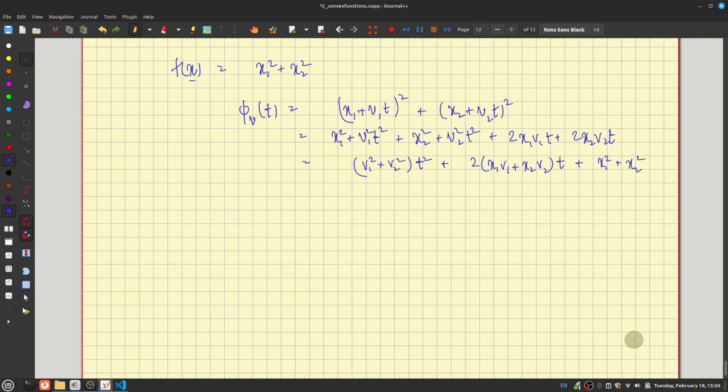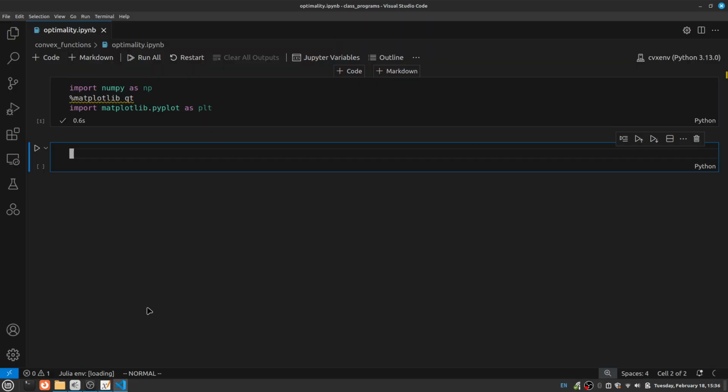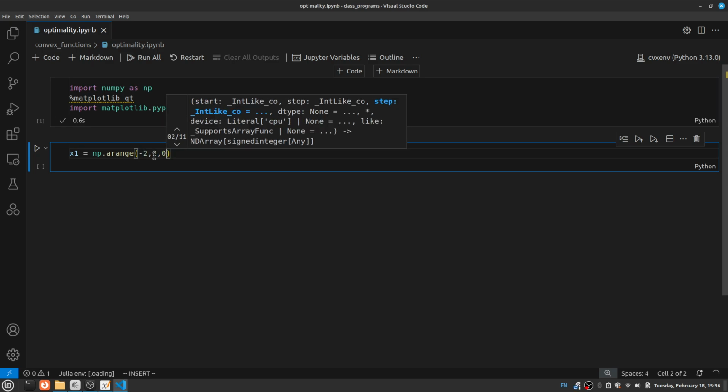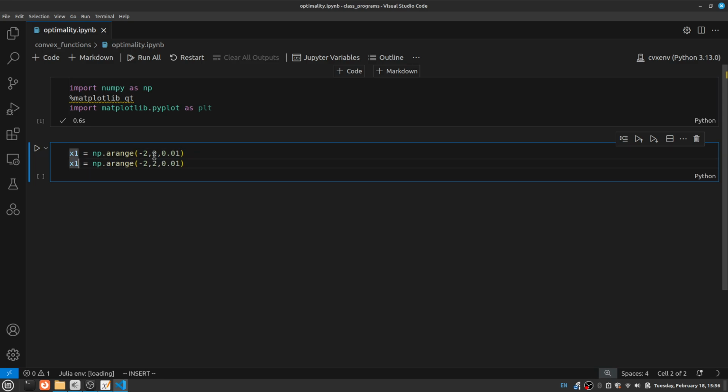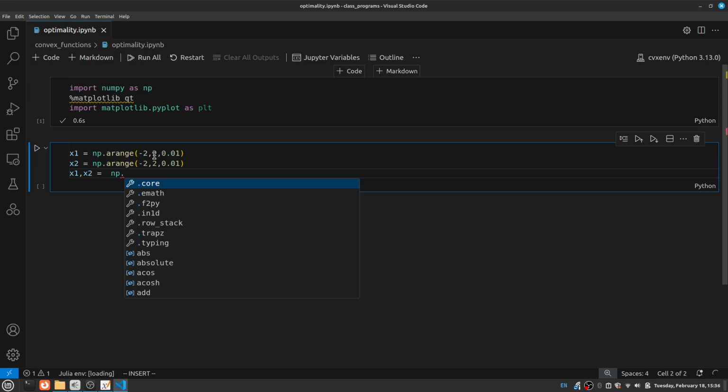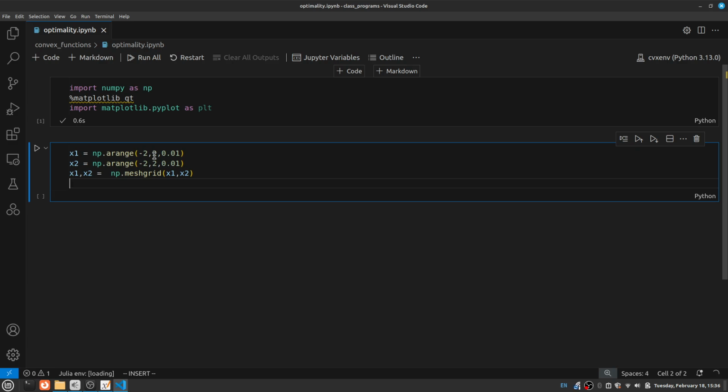Another way of thinking about this is to look at the contour plot, with x1 from minus 2 to 2, x2, and f equal to x1 square plus x2 square.